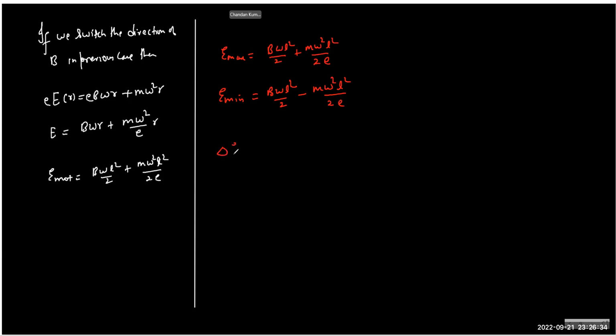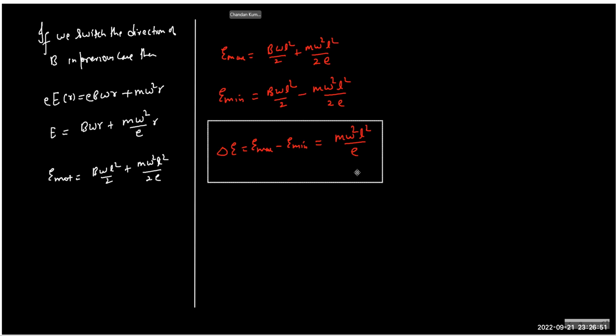So the delta E, the difference between max and min, turns out to be M omega square L square by E, because the two terms will add up, correct? Yes. So the difference is due to the centrifugal only. And if we don't have a difference of maxima and minima, then it means centrifugal is playing no role. Understood? Yes, sir.